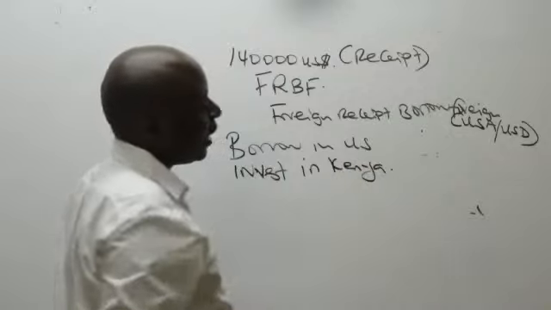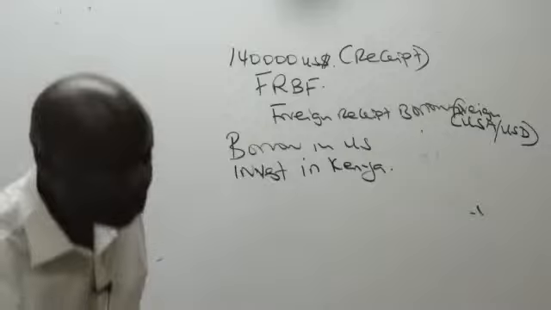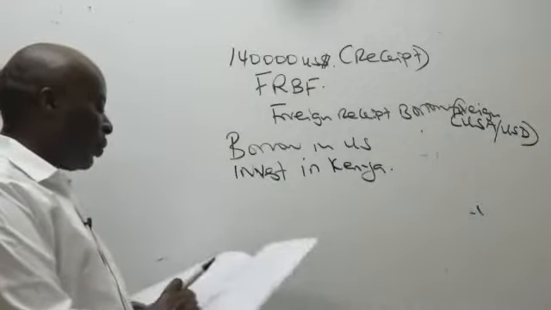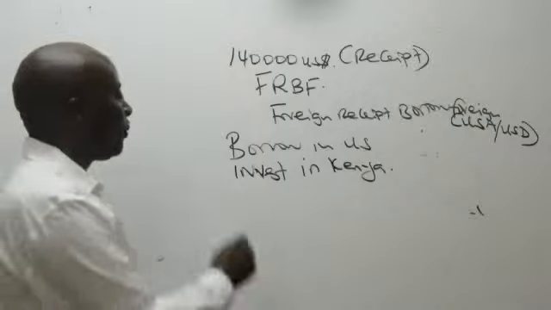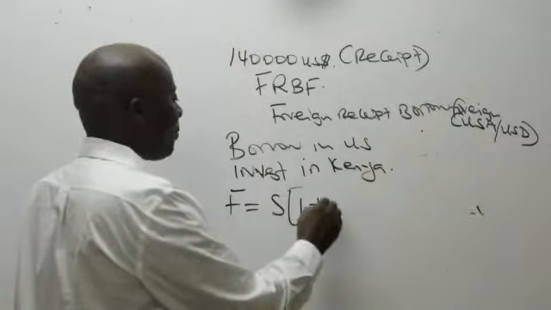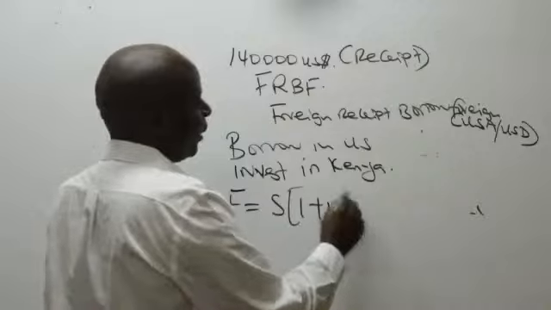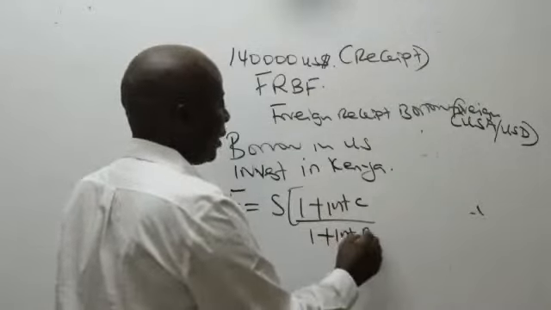Once I know that, I'll be able to remember the formula. Interest rate parity, not an issue. I have the formula F equals S into 1 plus interest, country C, all over 1 plus interest, country B.